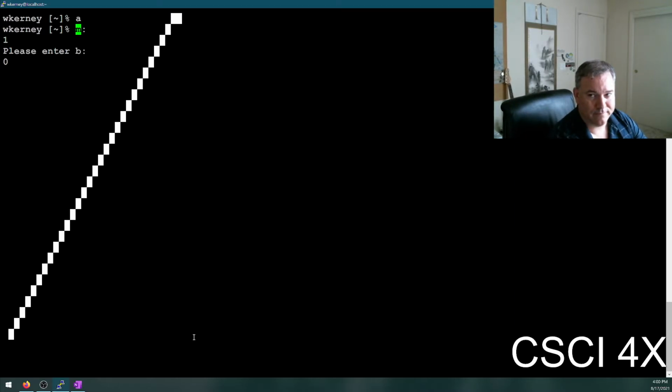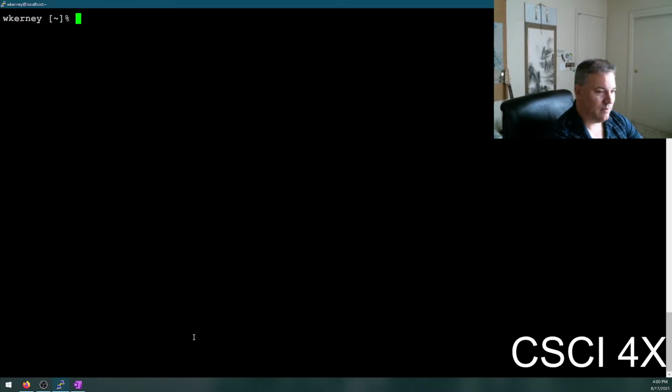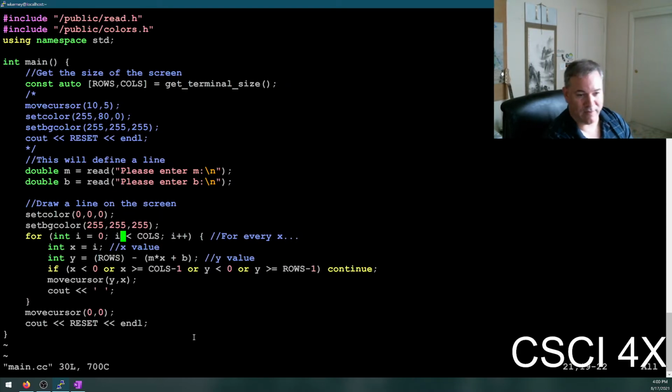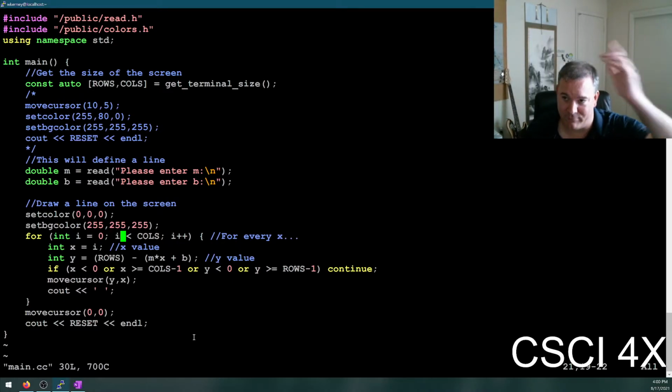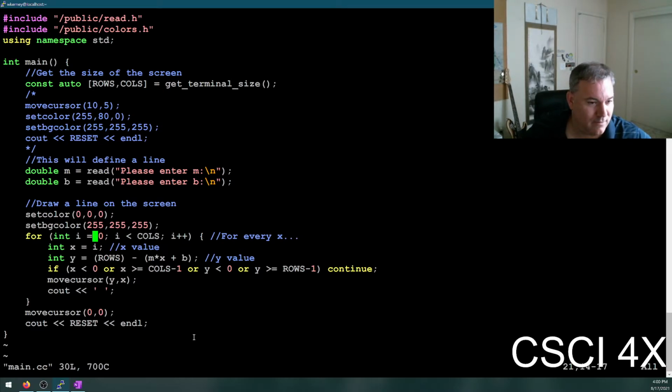So that's a line. What do you guys think of our line rasterization algorithm? Basically we just sweep for every x value, compute the y value, and then move the cursor to that spot and draw a white box there.